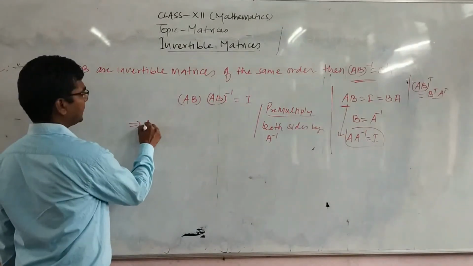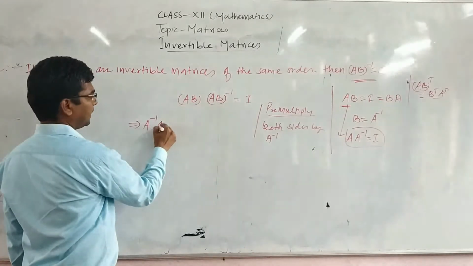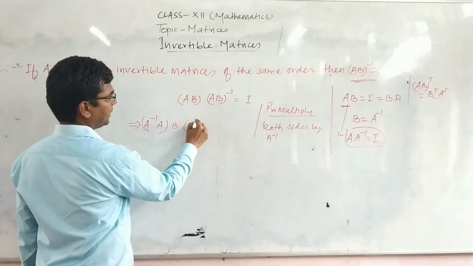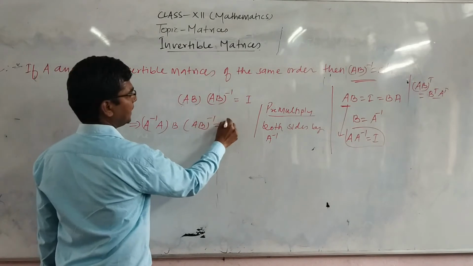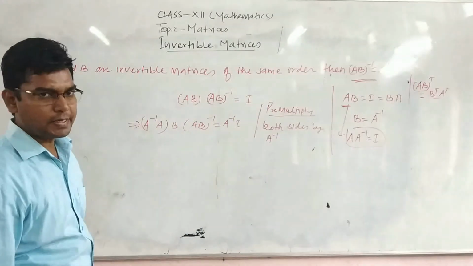So we can write like this, A inverse and AB inverse, and this is A inverse into identity matrix.